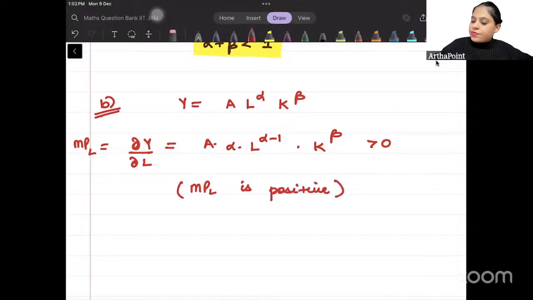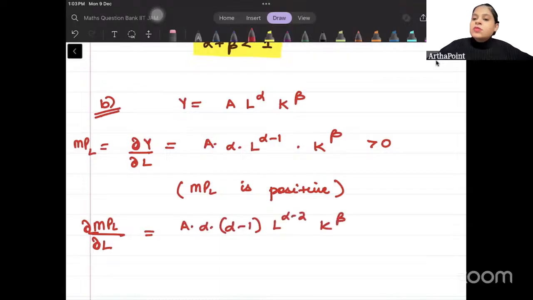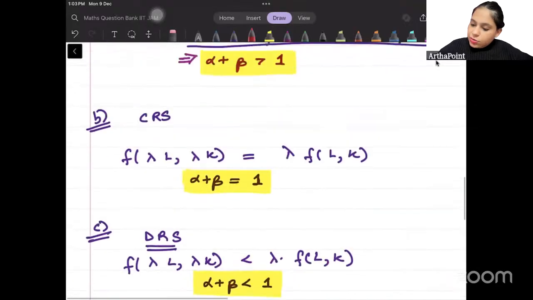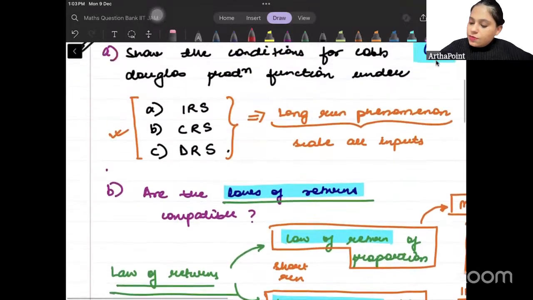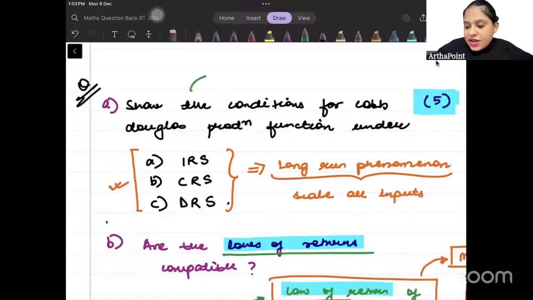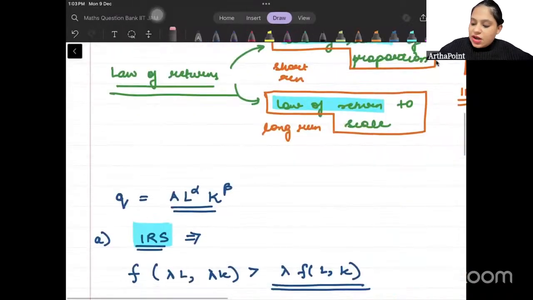And now if I check whether it is diminishing or not, I will differentiate this with respect to labor. And I will get this. Now in the background, and write this part somewhere in the answer, we are assuming that alpha and beta are positive powers.